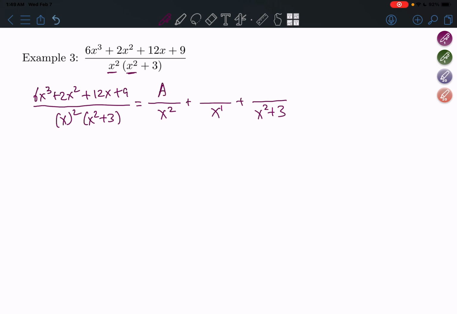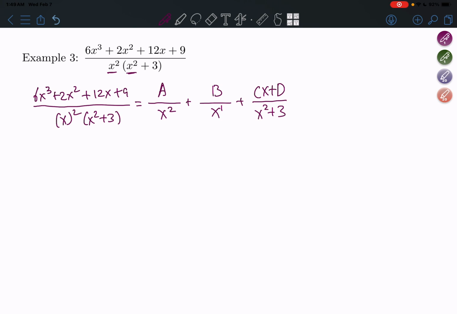Same thing with the second one, which is a bit more obvious: that's clearly linear, so we put a b, another letter. For the third term, we do have a quadratic, so it's going to be cx plus d. Okay, so that's the setup here.